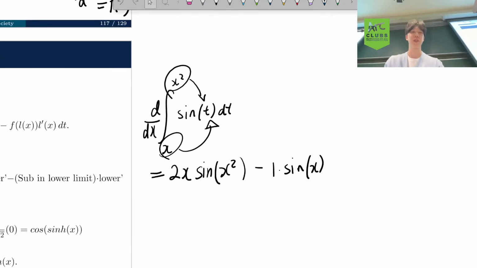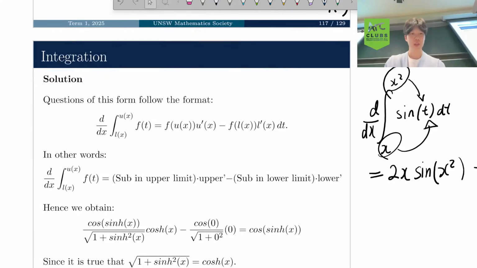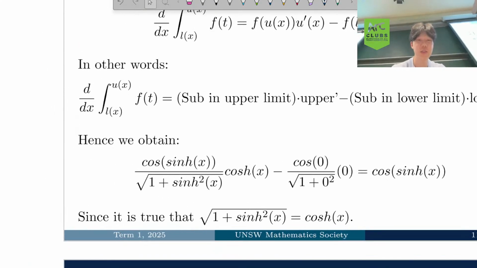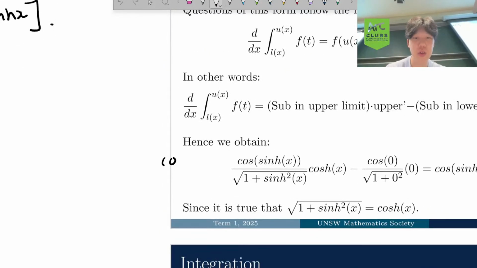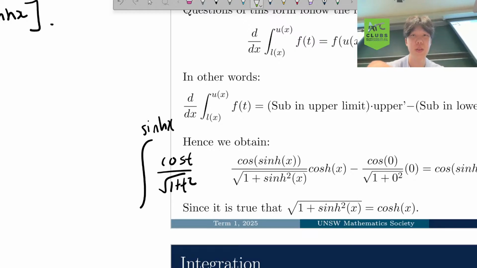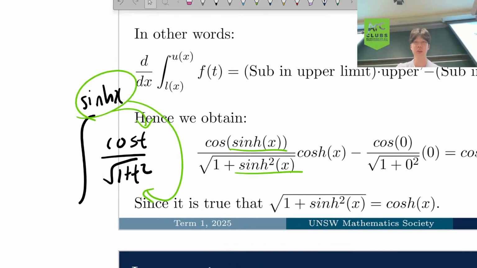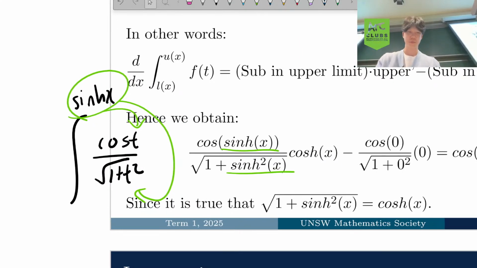Now using this formula, what we can do is we obtain this cos of sine of x, because remember our original expression was this, and it has sine of x on the top. What we did was we subbed sine of x into t. That's how we have sine of x here, cos of x, and then we minused cos of 0 because we had 0 here.